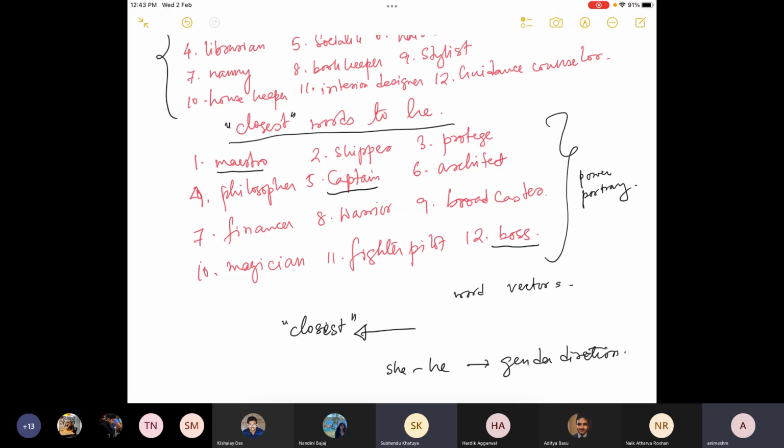Now, what are they finding? What is the most common operation that you do on vectors? This will be required in the next class when we study debiasing. What is the most common operation?